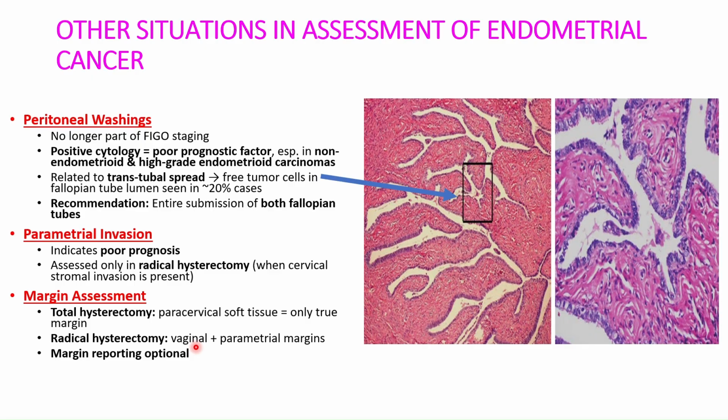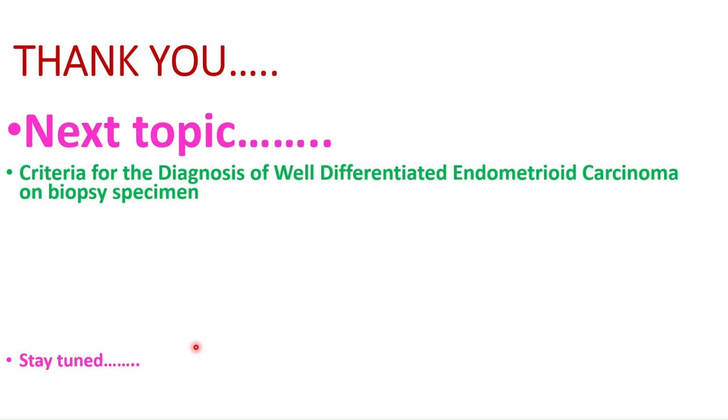So generally we report whenever we find the margin involved in the specimen. So this is about myometrial, cervical and lymphovascular invasion, and the measuring criteria. FIGO staging requires accurate assessment of all these invasions.